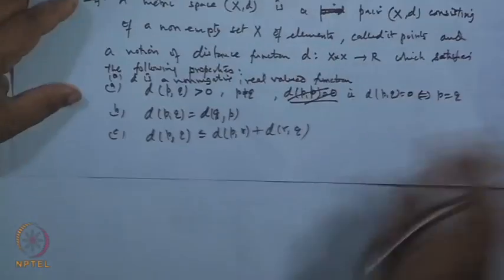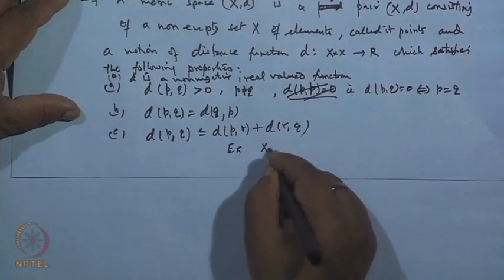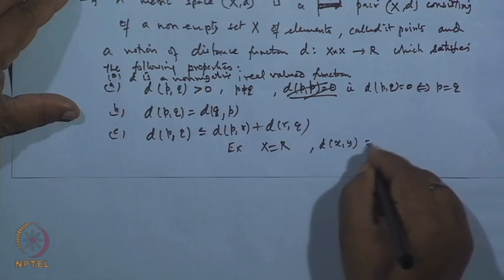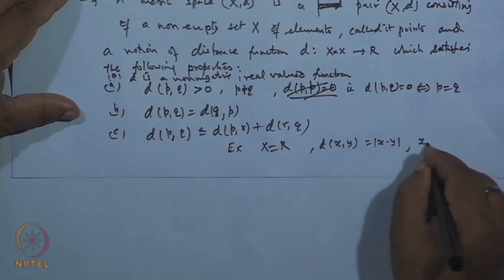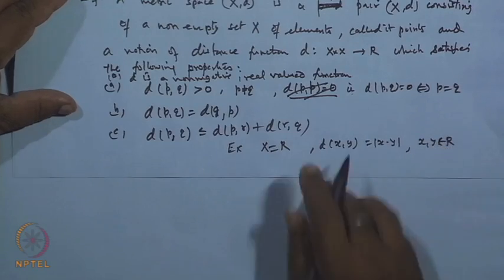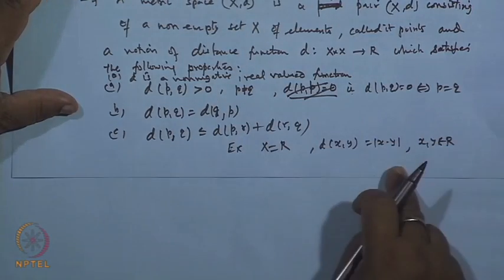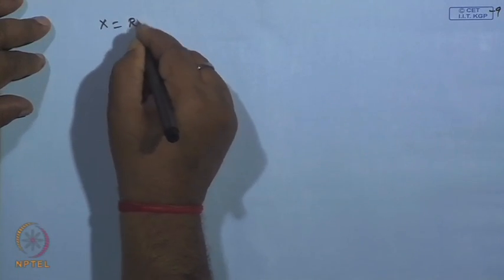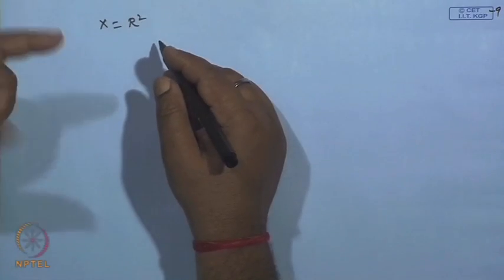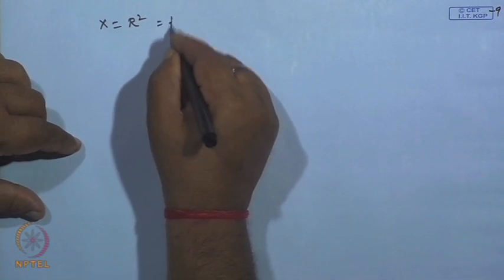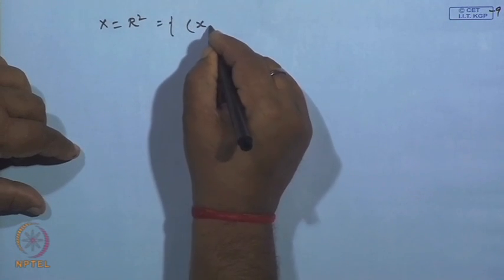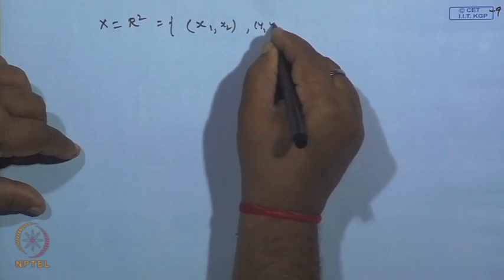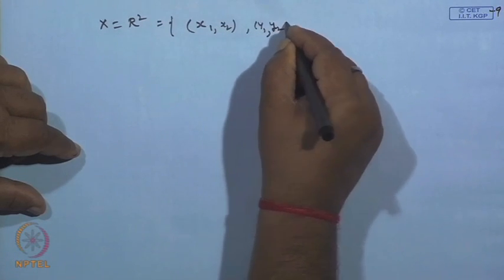One example is X equal to R, the set of real numbers, and d of x y defined as mod x minus y, where x and y are real. As we have seen earlier, it satisfies all the properties. Another example is, suppose X is R2, the 2-dimensional plane, where the elements are of the form x1, x2, y1, y2, and so on.